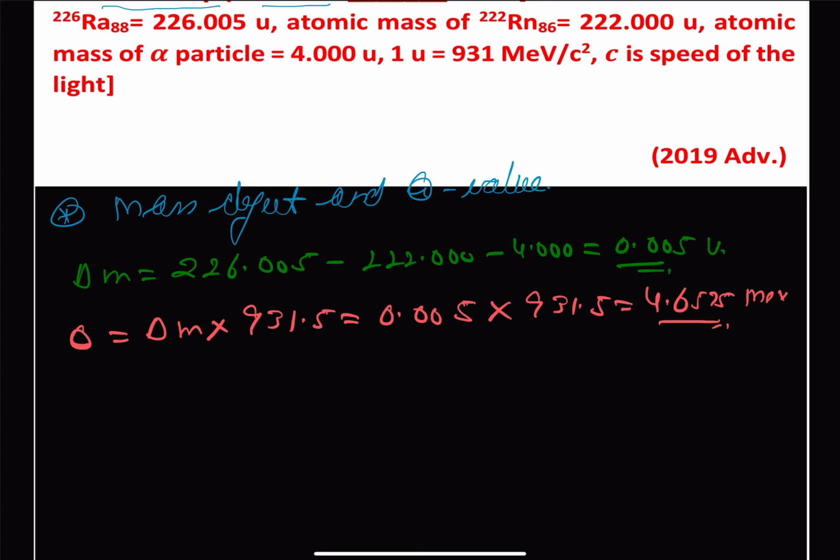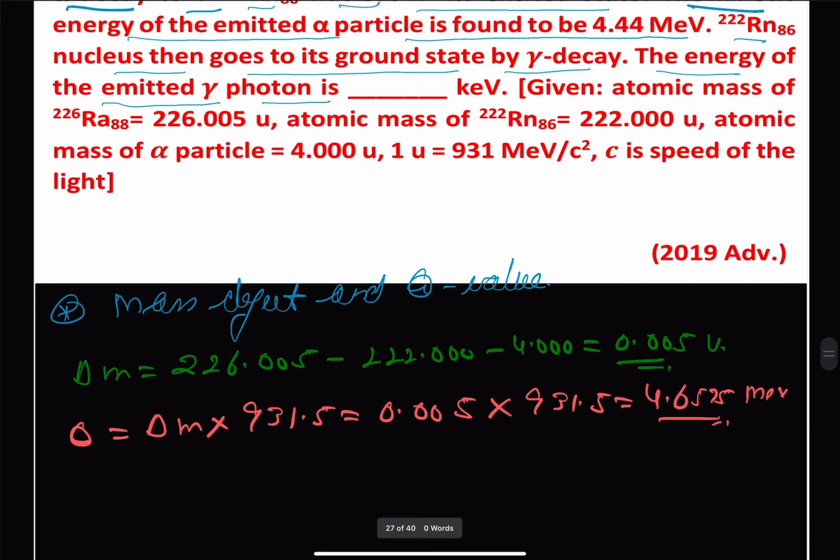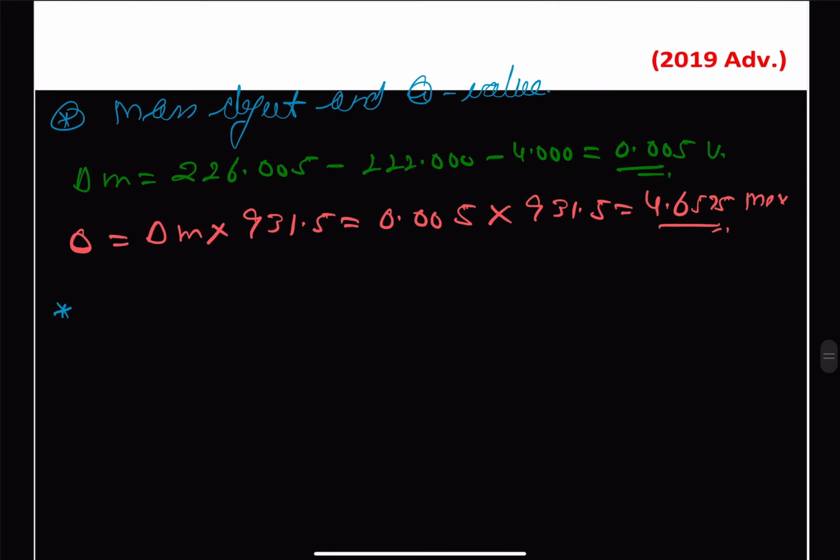And we are also given the energy of our alpha particle, so the kinetic energy of alpha particle is 4.44 mega electron volt, and let us say the kinetic energy of Rn nucleus is K of Rn.